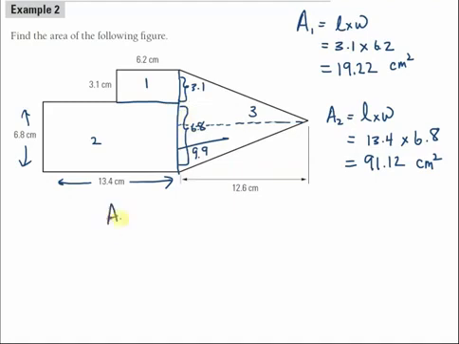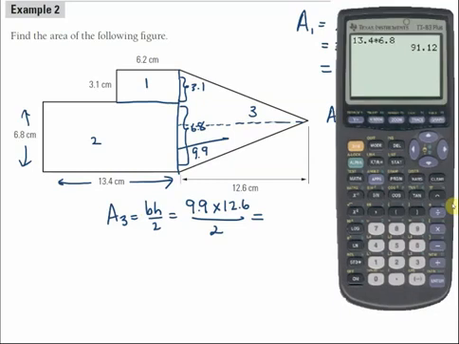So the area of the third shape is base times height divided by 2. So we got 9.9 times 12.6. I'd hit that in the calculator, and then I'll take that number, divide by 2, giving us a value. Okay, let's pull that up here now.